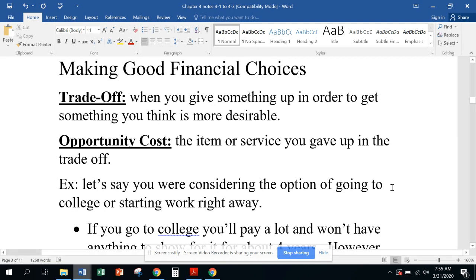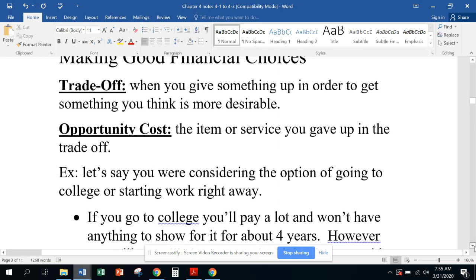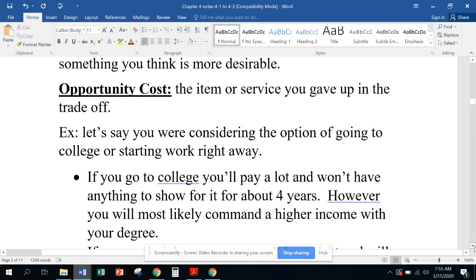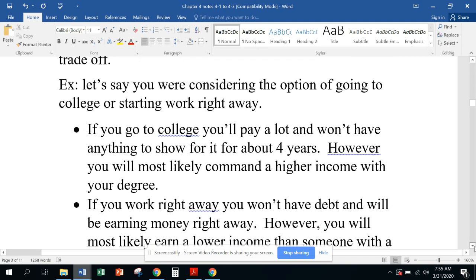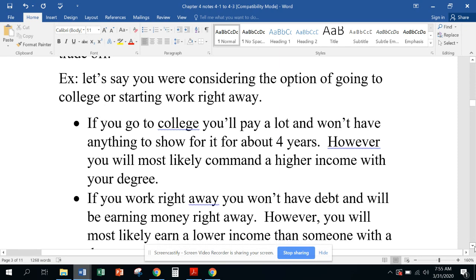Okay, so if I go back to Econ 101, this is the example my professor gave me. Let's say we're given the option of going to college or getting to work right away. If we go to college, we're going to pay a lot and we won't really have anything to show for it for about 4 years.